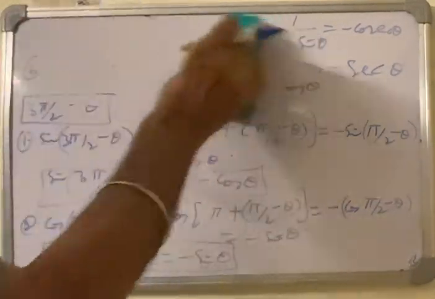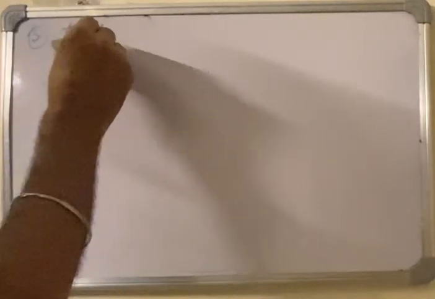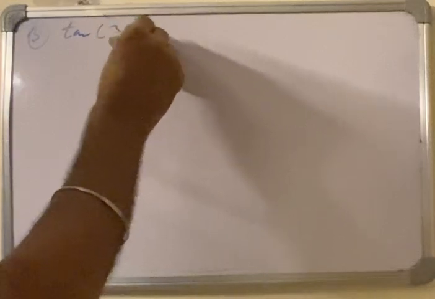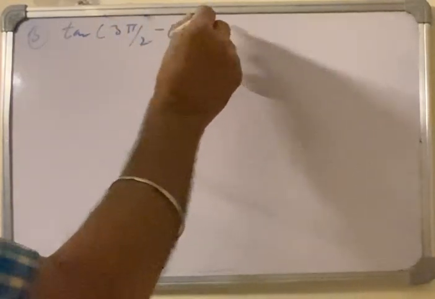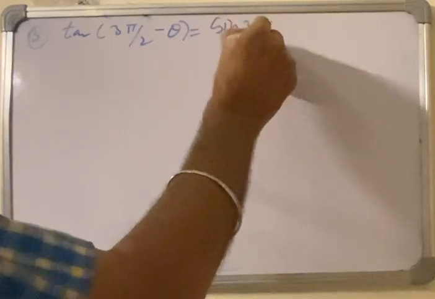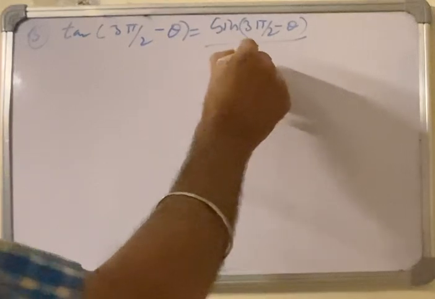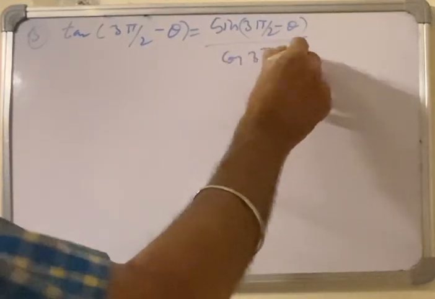Then we take third, tan 3 pi by 2 minus theta, which is equal to sine 3 pi by 2 minus theta over cos 3 pi by 2 minus theta.